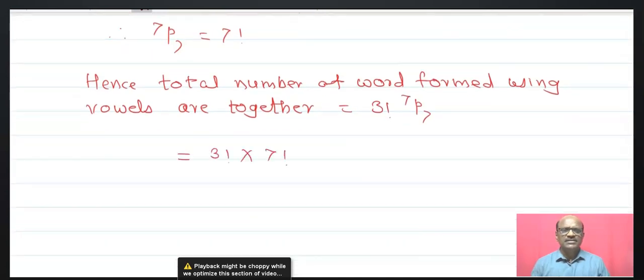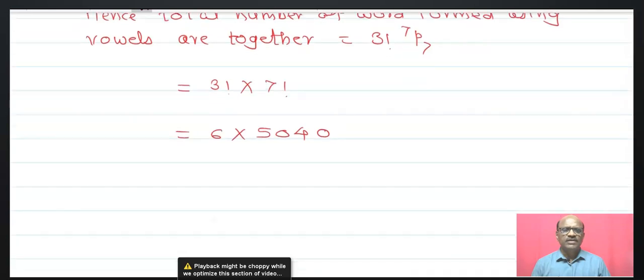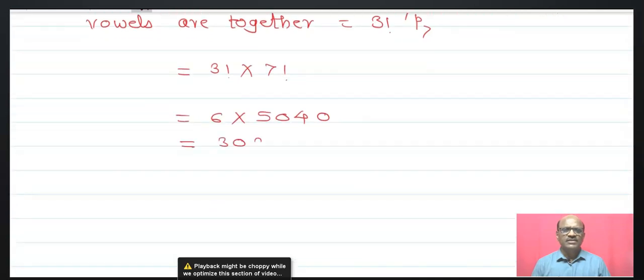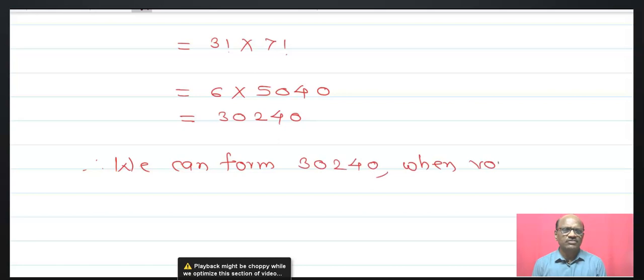That is equal to 6 into 5040, that is equal to 30240. 30,240 words we can form when the vowels are together.